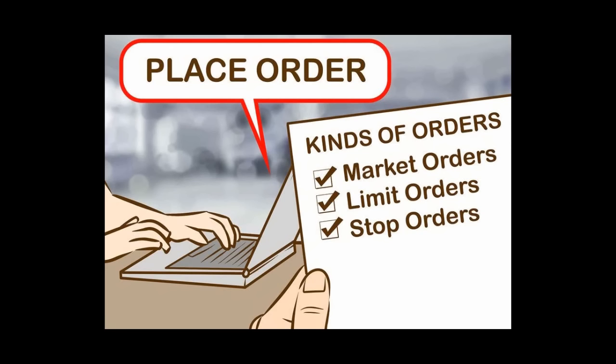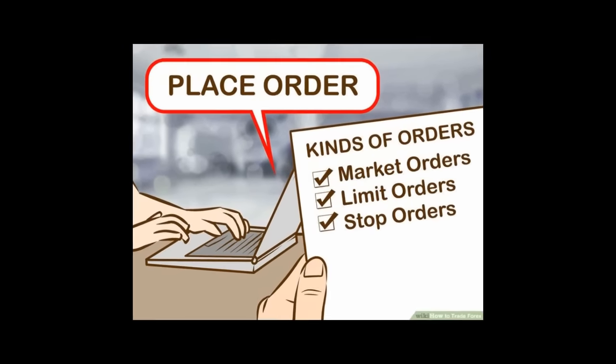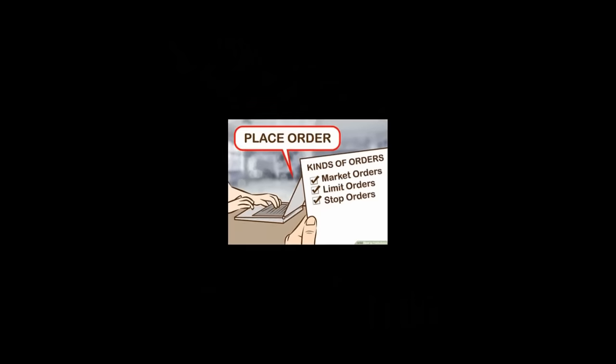For instance, you can buy currency when it reaches a certain price or sell currency if it lowers to a particular price. Stop orders. A stop order is a choice to buy currency above the current market price, in anticipation that its value will increase, or to sell currency below the current market price to cut your losses.